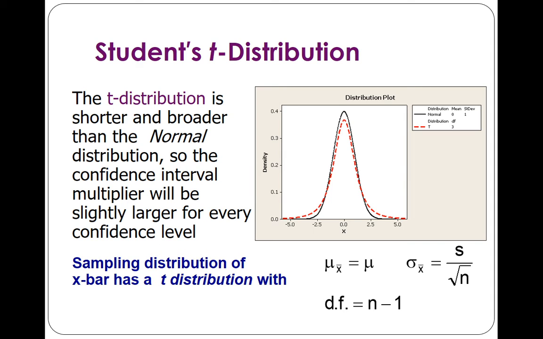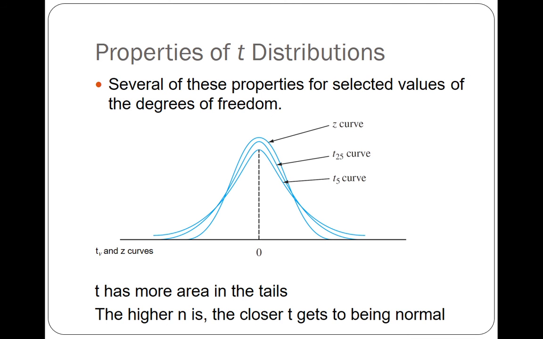Do you guys talk about degrees of freedom in engineering? Basically, you have so many unknowns and so many ways to find those unknowns. With the t distribution, you have n minus 1 for one sample. For other situations, you have different degrees of freedom that you need to take into account.